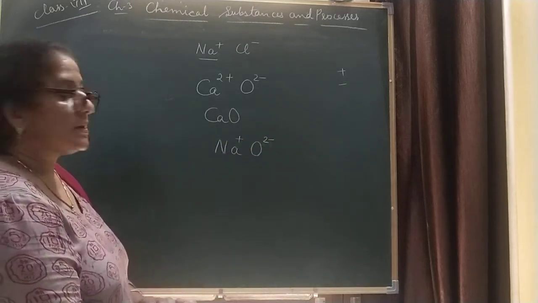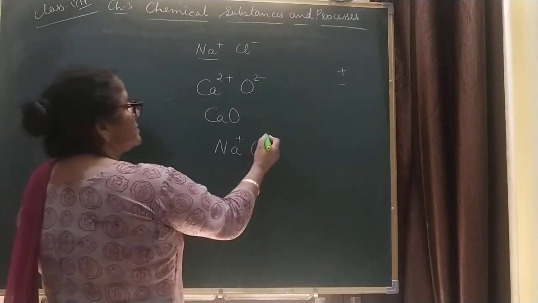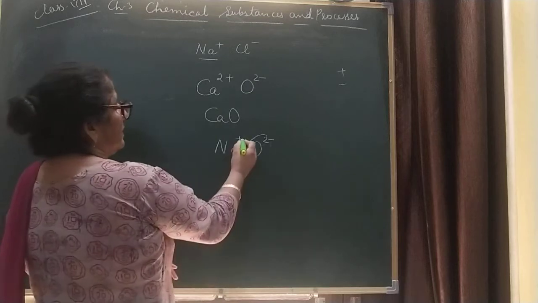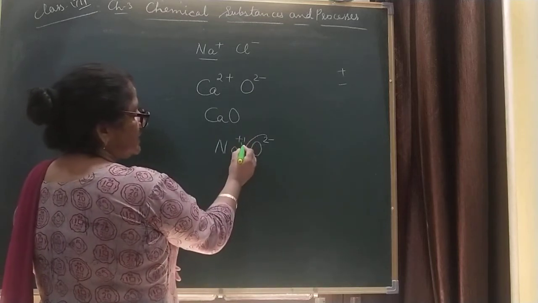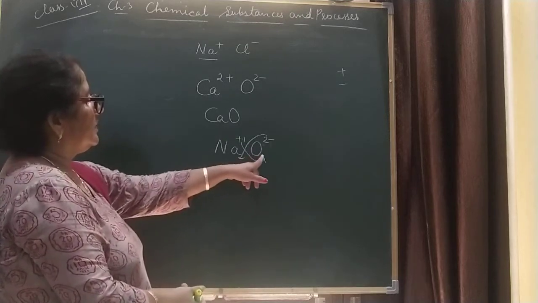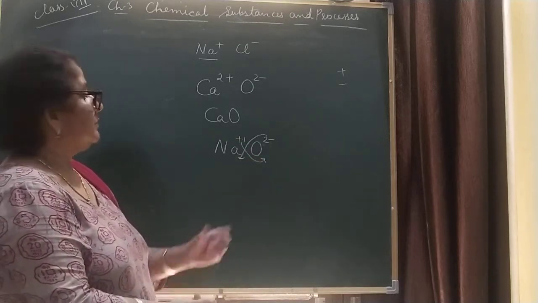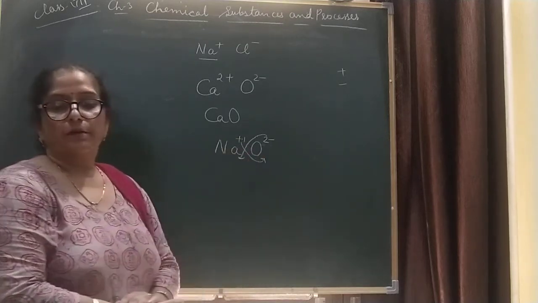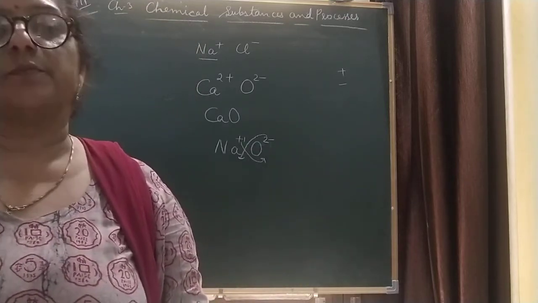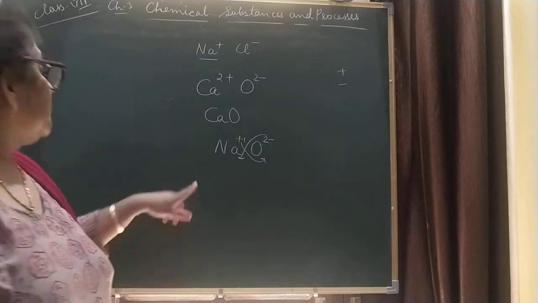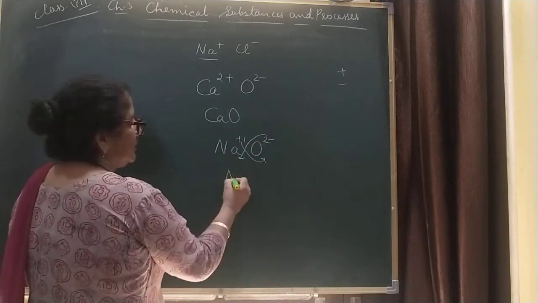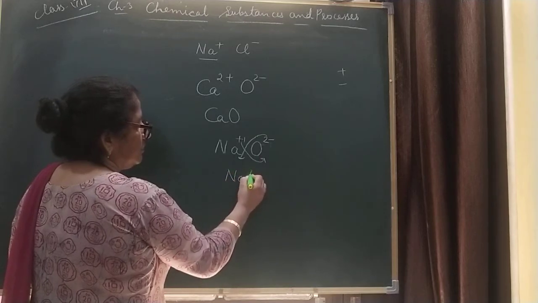Beta, crisscross means this 2 will come here at the bottom of sodium, and this 1, if nothing is there it means it is 1, will come here at the bottom of oxygen. So this is the third point: at the bottom right of the symbol of the 2 ions, means bottom on the right hand side. So the formula will become Na2O.